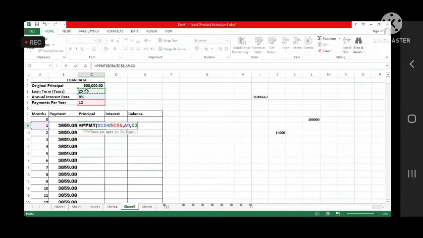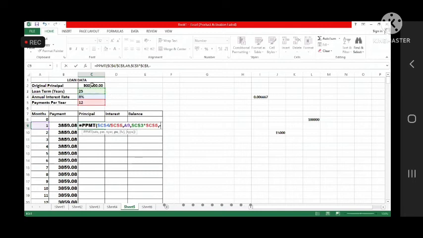Comma, number of period. What is the number of period? Already we have calculated: long term multiplied by 12. So this one, is it changing or never changing? Never. So we have to absolute it, no? Yes, ma'am. Comma.